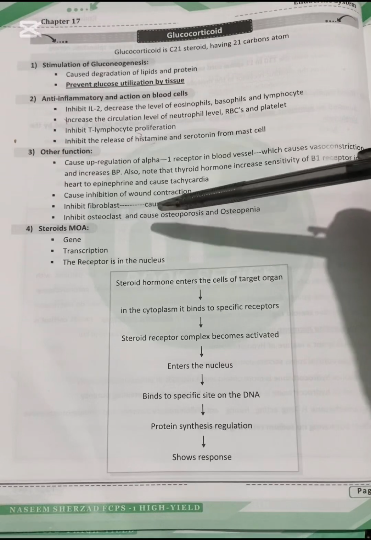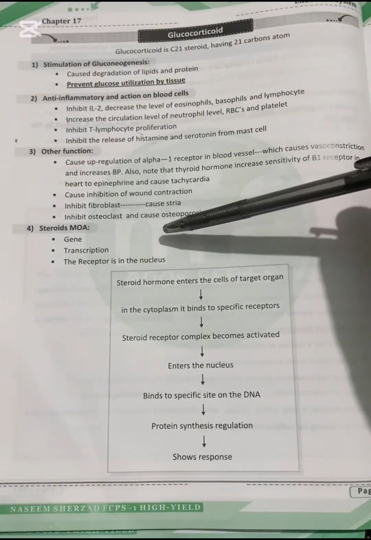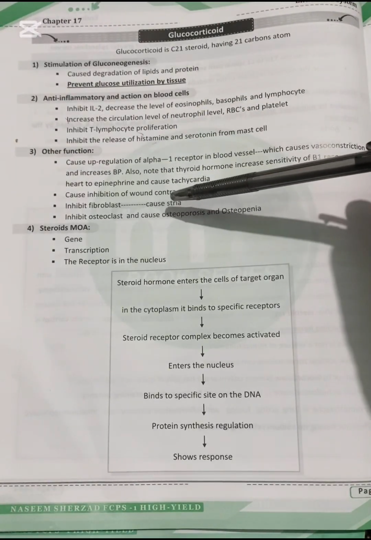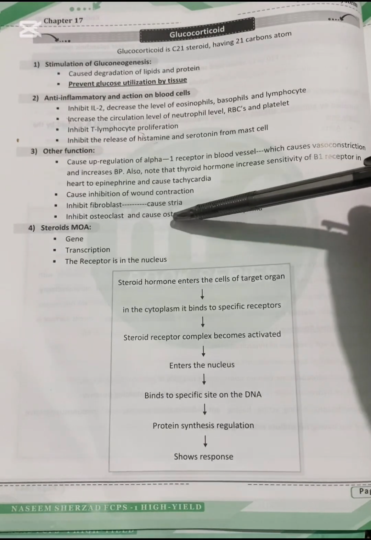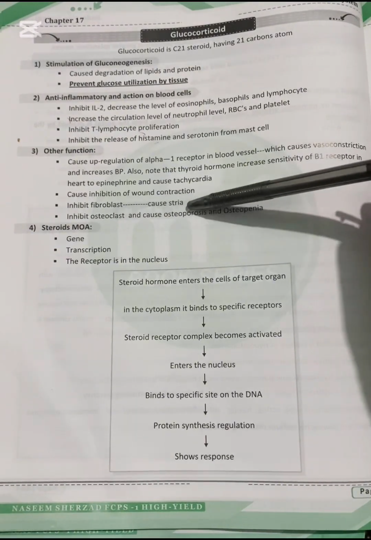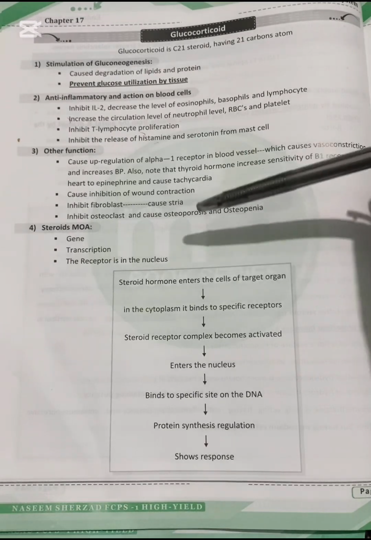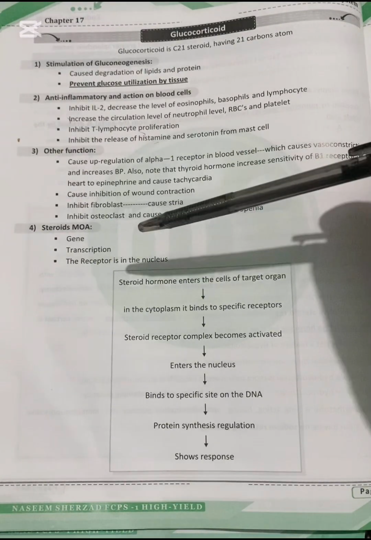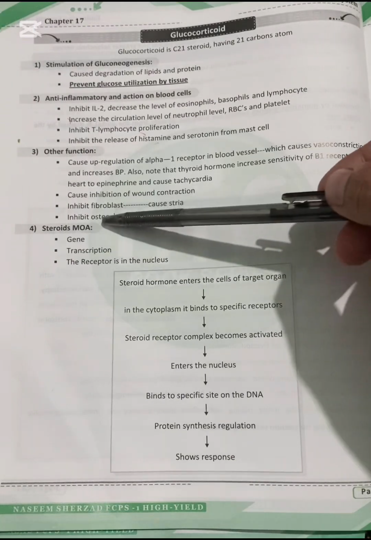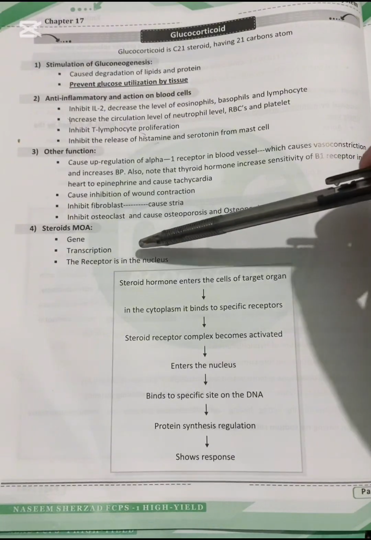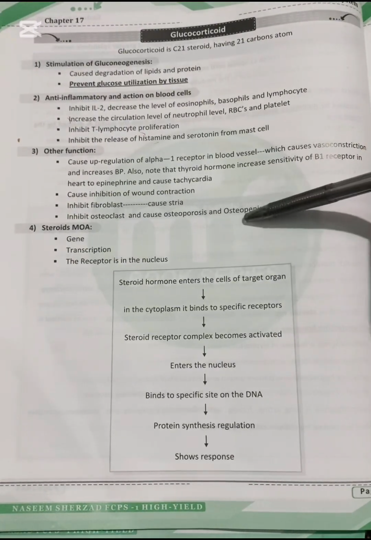Another is that steroid causes inhibition of wound contraction, meaning it delays wound healing. It inhibits the fibroblast, and that's why it causes tria. We will discuss that later because there is an MCQ on it. It inhibits osteoblast, not osteoclast, which I have corrected in the 7th edition, and that leads to osteoporosis and osteopenia.